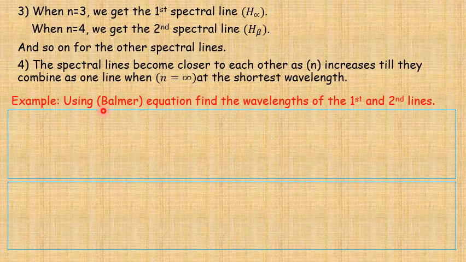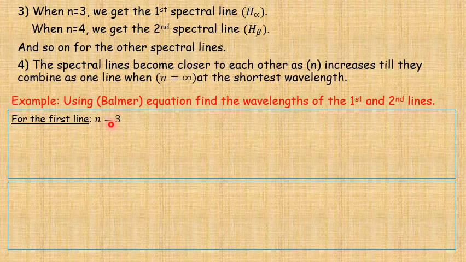Okay, now let's take examples to apply this Balmer equation. And in this example here, using Balmer equation, find the wavelengths of the first and the second lines. They mean the first and the second lines in Balmer series. So for the first line, n equal 3. This is the first value for n.